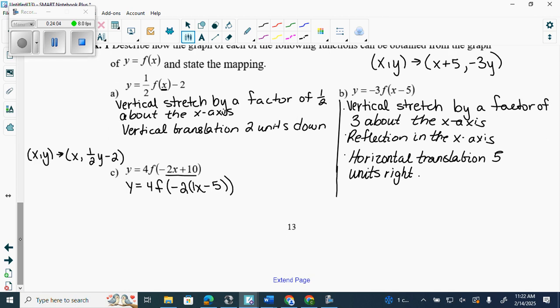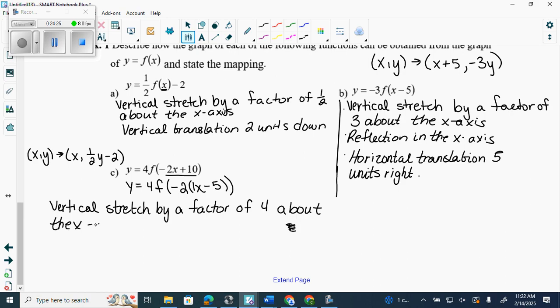And then this one has a vertical stretch by a factor of 4. About the x-axis. And I have to do my horizontal stretch. It's going to flip, so the 2 is going to become a half. Horizontal stretch by a factor of a half.